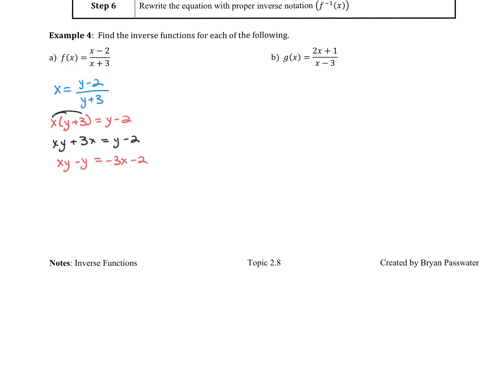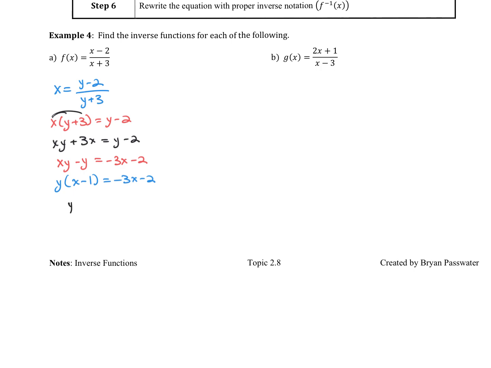So from there, how could I start isolating y? I could factor out a y. And so when I factor out a y on my left side, I'm left with what? y times x minus 1. And that's equal to negative 3x minus 2. And so then my second to last step is to divide by what? x minus 1.